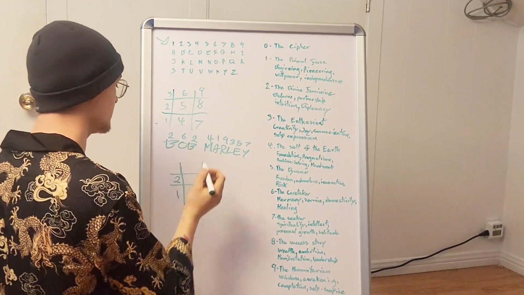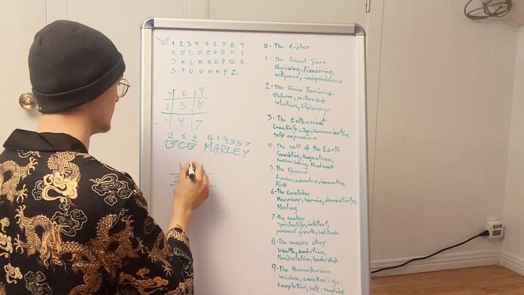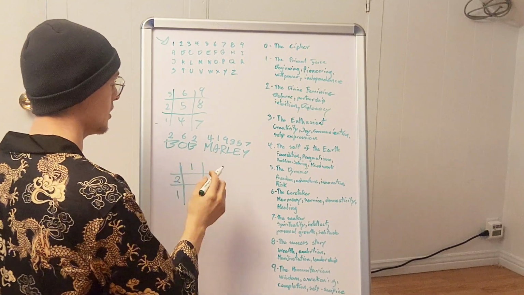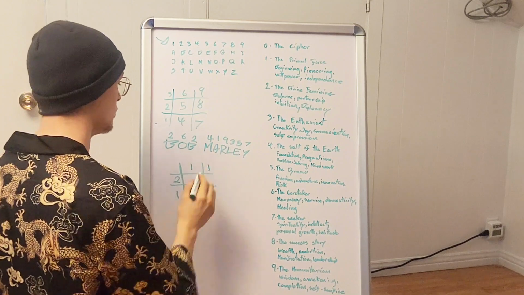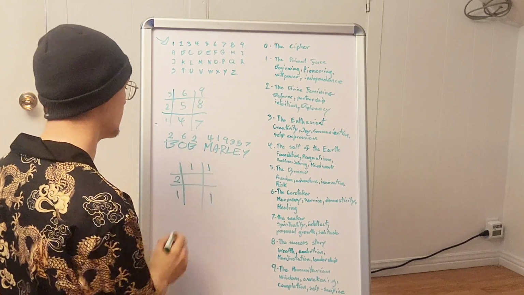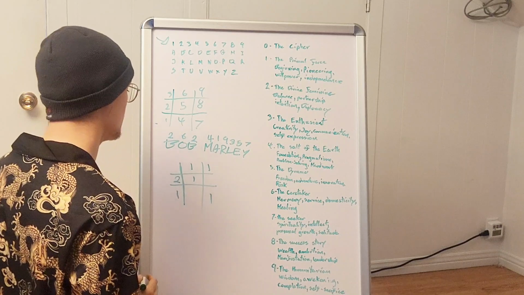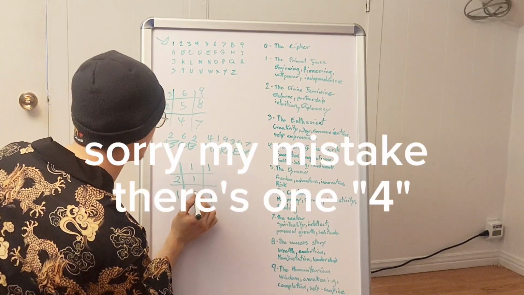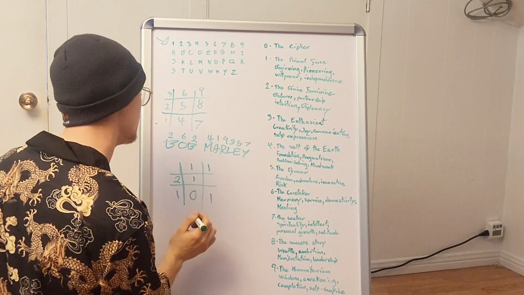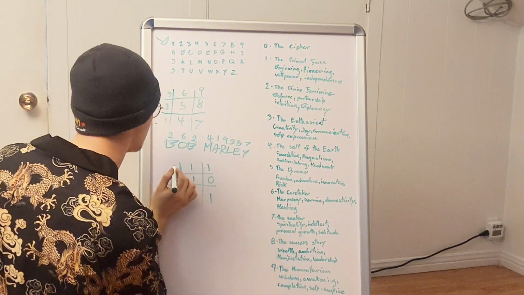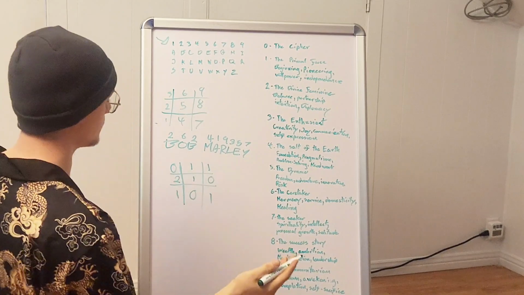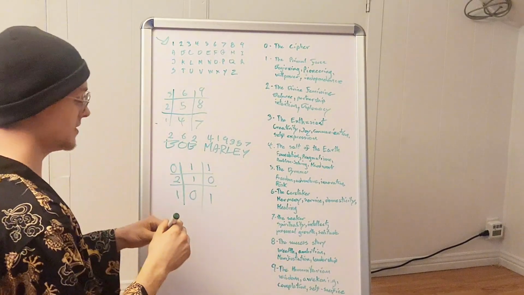You got 1 6, you write 1. We have 1 9, 1 7, 1 5. We got no 4. We got no 8. And we got no 3. Okay, so that's the name chart.